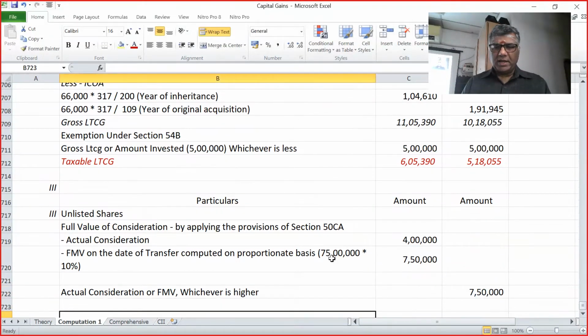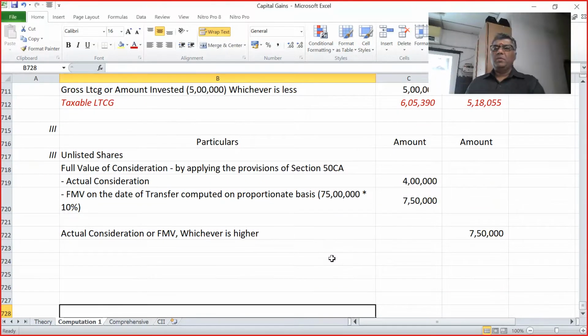So I will take 7 lakh 50,000, even though it is sold for 4 lakhs, because as per 50CA, if the fair market value is higher, then it should be taken.